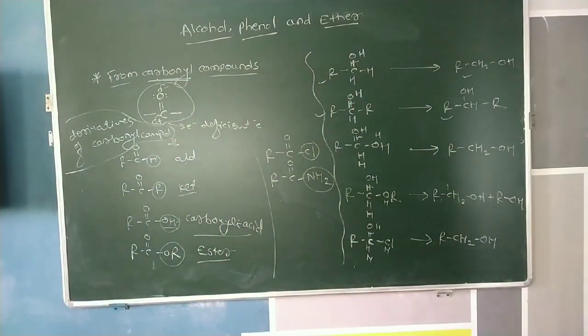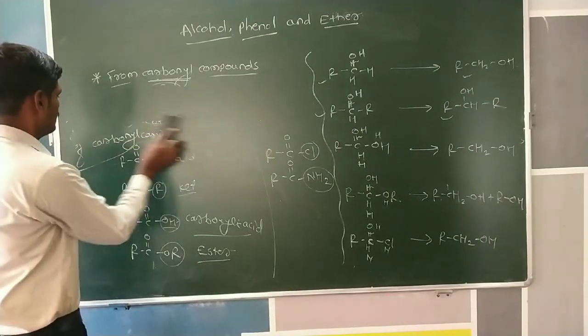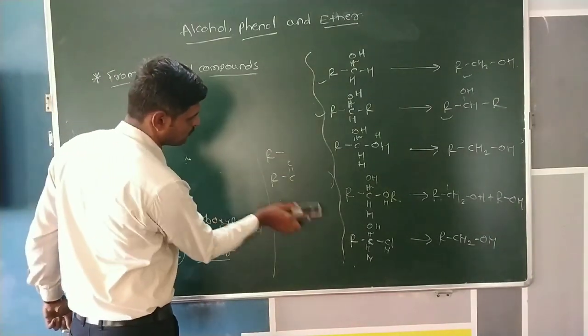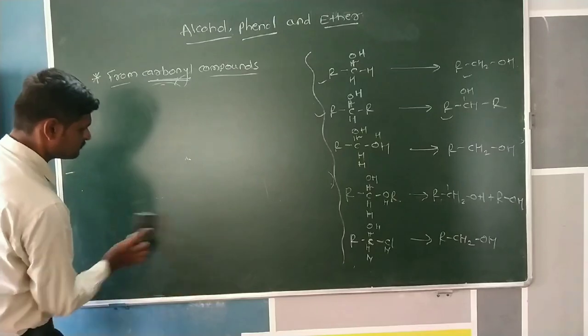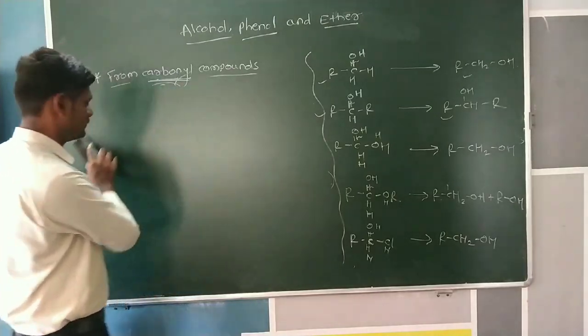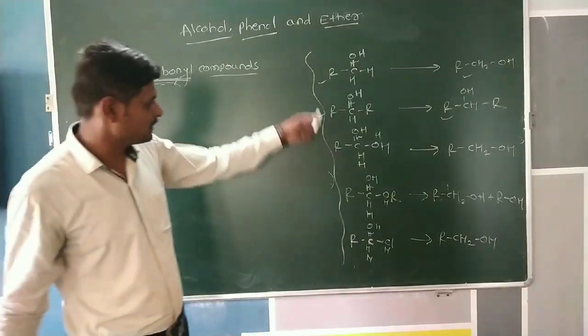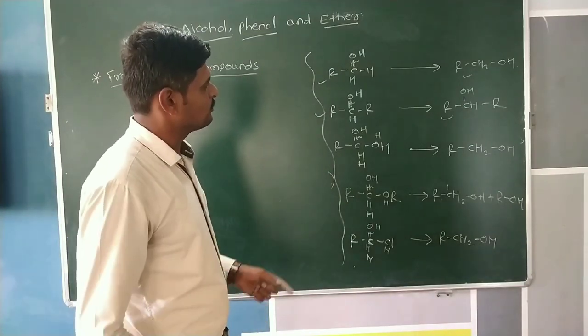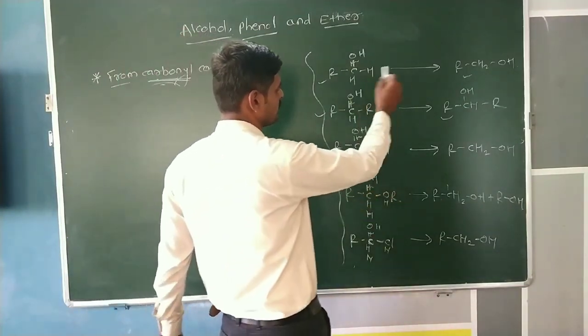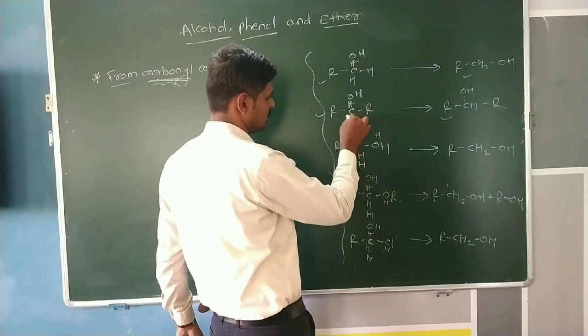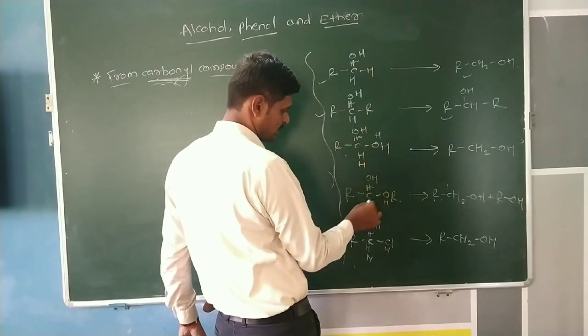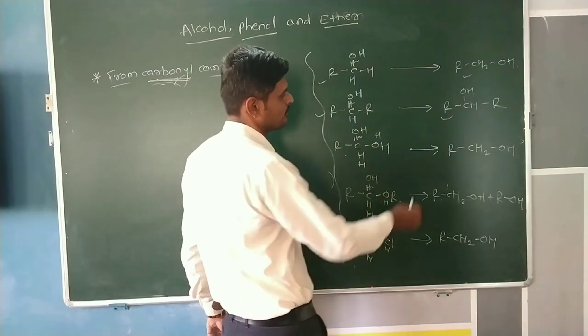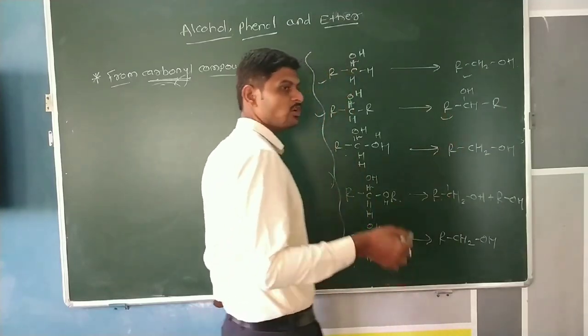From the derivatives of carbonyl compounds, we can prepare the alcohol, but some reactions are written here. From these reactions, we can conclude that aldehyde, ketone, carboxylic acid, ester, and acyl halide get converted into alcohol by the addition of hydrogen.